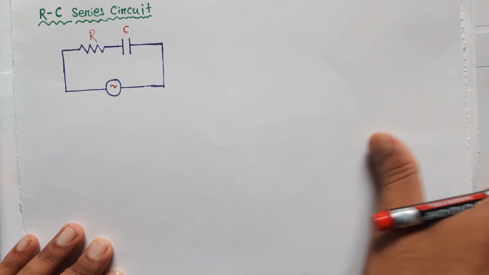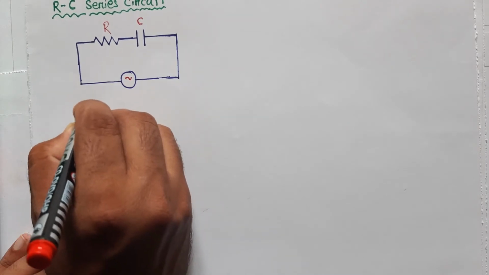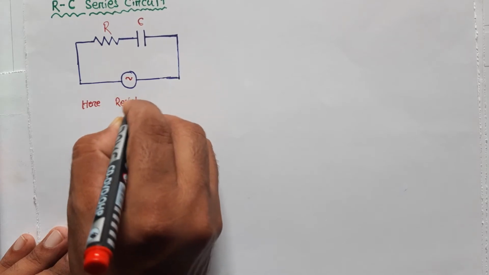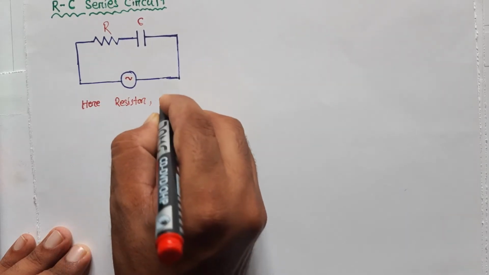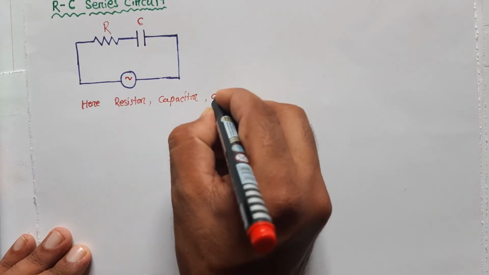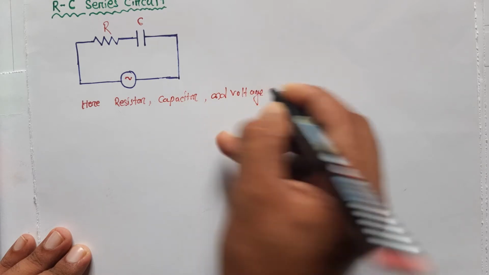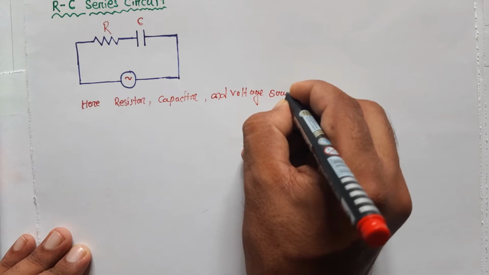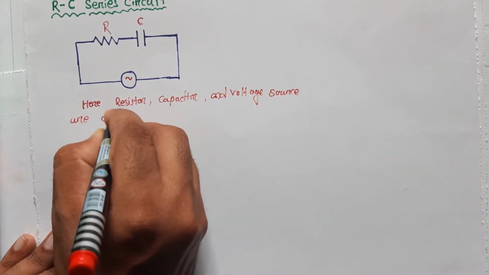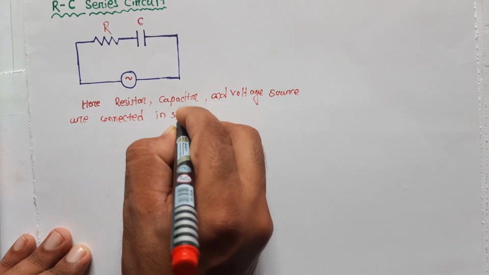You can write here: a resistor, a capacitor and a voltage source are connected in series.